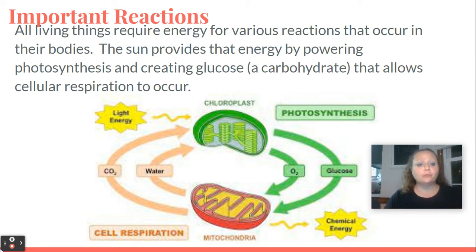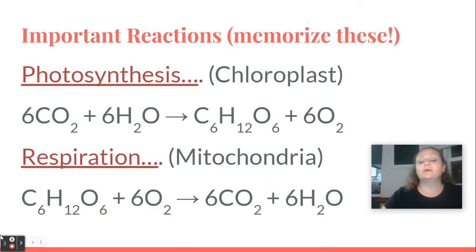And it truly is one of the most important cycles that we'll talk about. This is actually the carbon oxygen cycle. So we'll talk about that as the semester moves forward, but it's important to understand this relationship that these two have together.